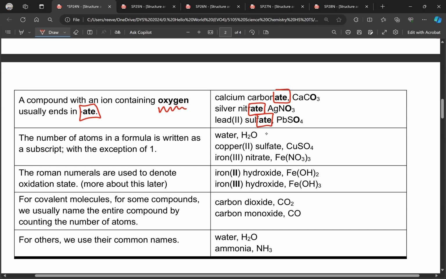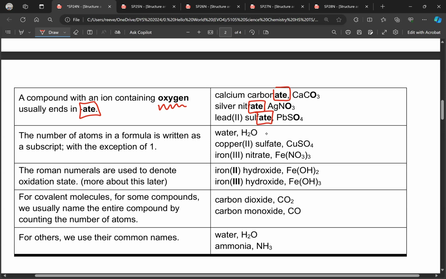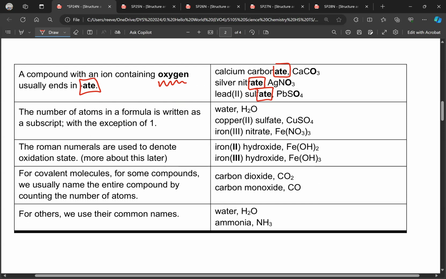For example, calcium carbonate, I have oxygen, CaCO3. Silver nitrate, I also have oxygen, AgNO3. Lead sulfate, also oxygen inside, PbSO4. So you see the word ATE simply means it contains oxygen.